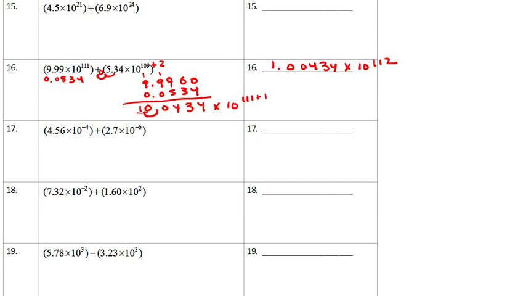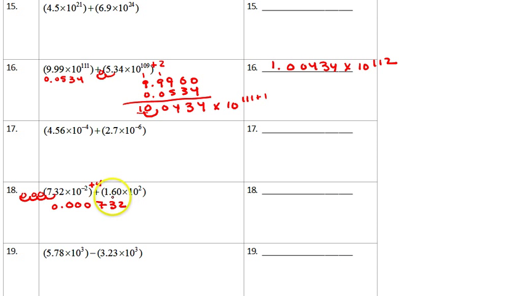Here's another example. I have a negative exponent 2 and a positive 2. To convert this to a positive 2, I'm going to have to add 4. That means I'm going to go 4 places to the left. 1, 2, 3, 4. Which gives me 0.000732.